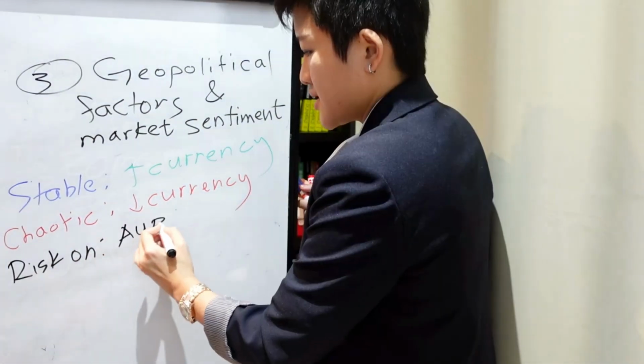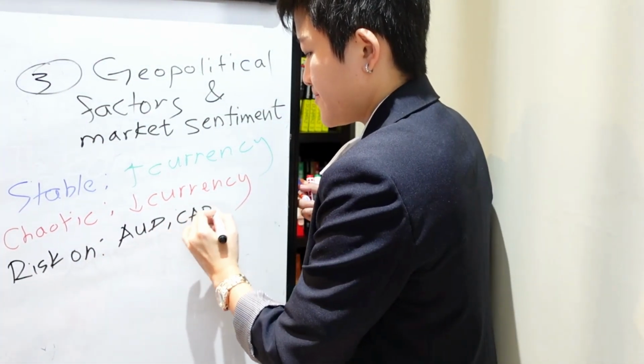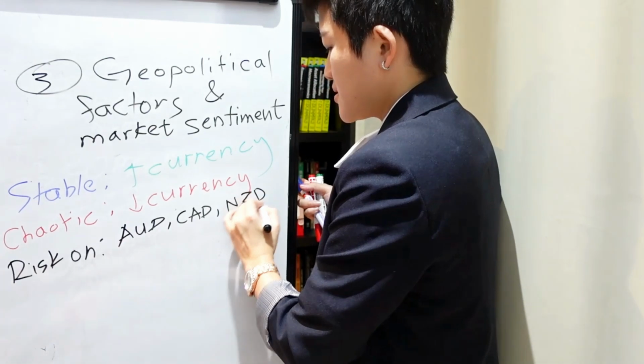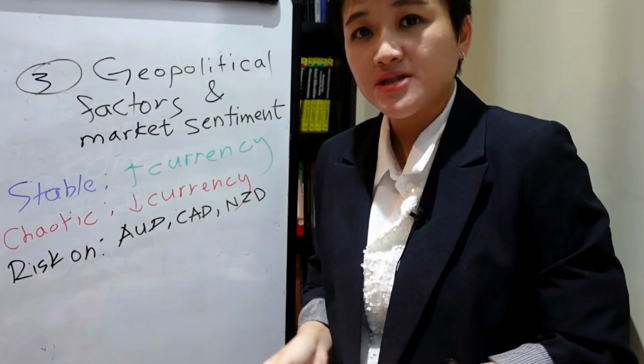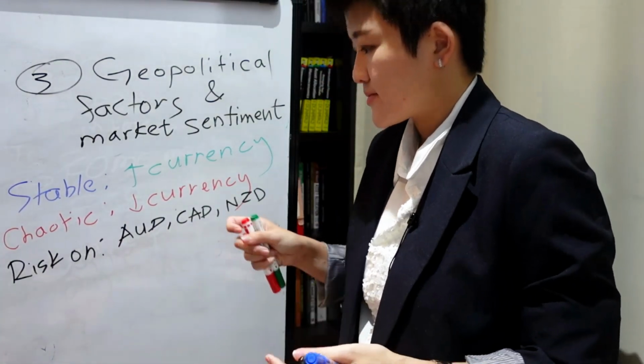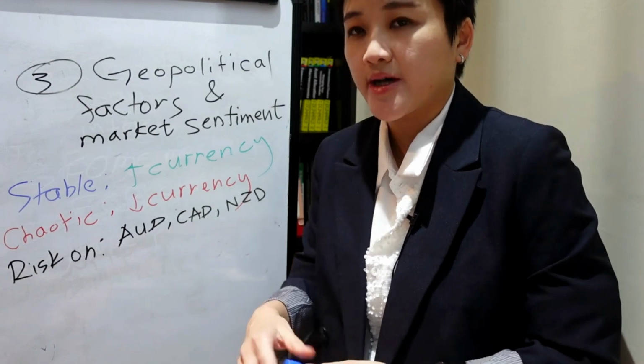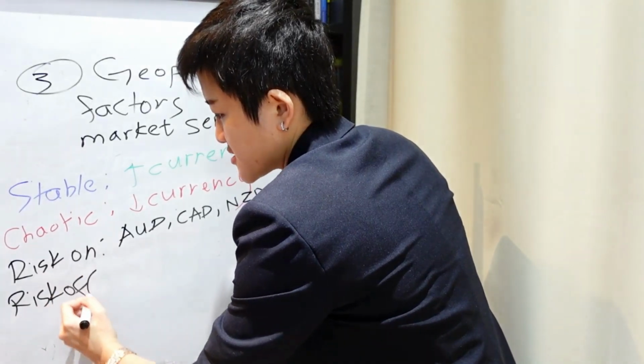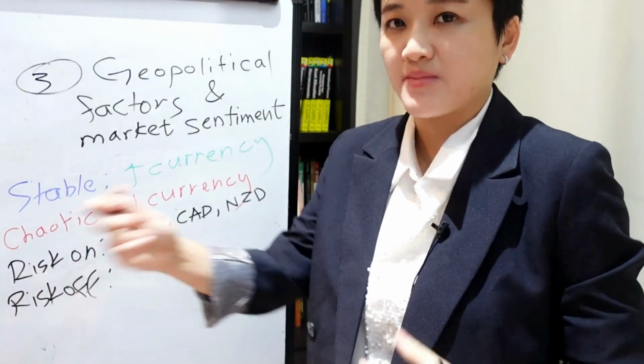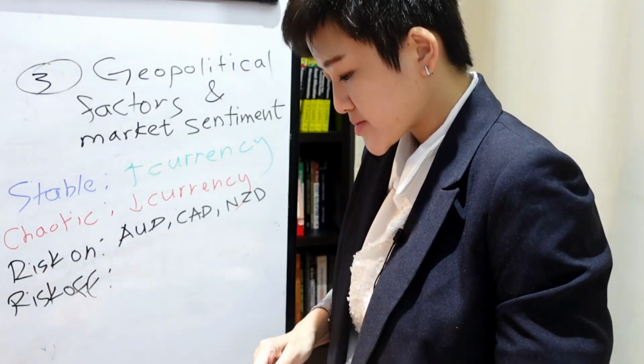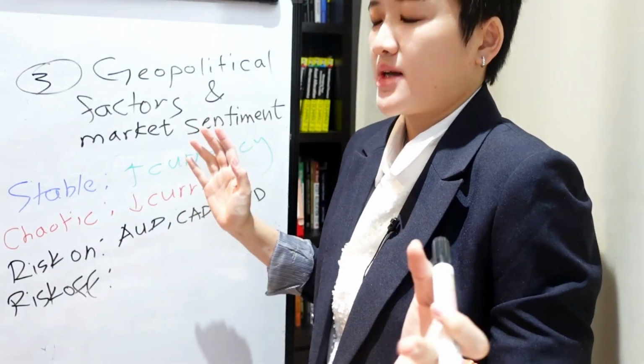So for now, it is Australian dollar, Canadian dollar, as well as New Zealand dollar. So when times are good, these currencies are going to go up, okay? If you study finance, you come across these two terms, risk on, risk off. My professor kept on teaching me this until I dream about it every single night.